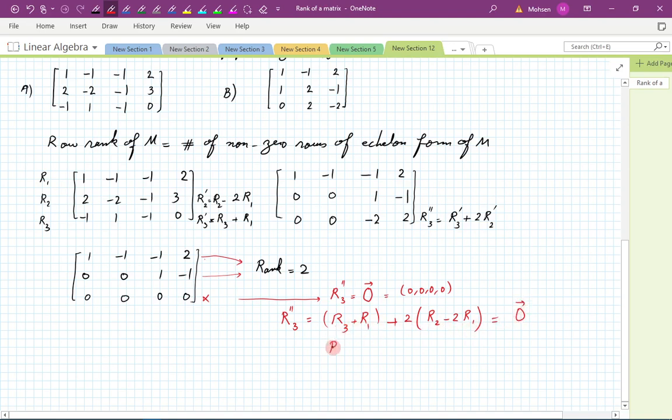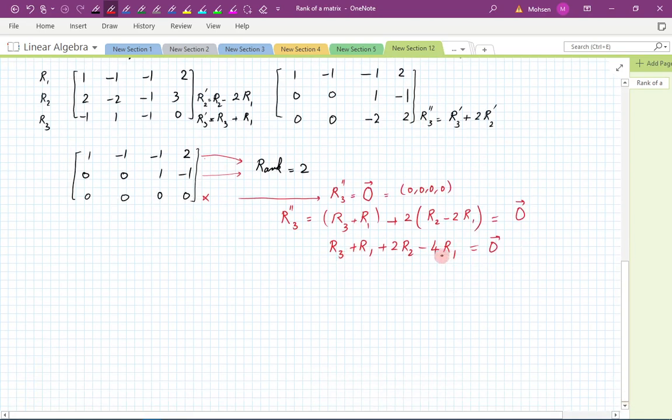This means R3 plus R1 plus 2R2 minus 4R1 is 0. 0 means everything in it becomes 0. So this becomes minus 3R1 plus 2R2 plus R3 is equal to 0.